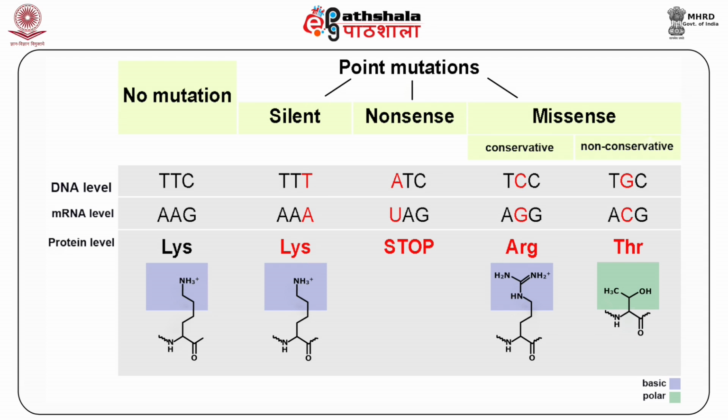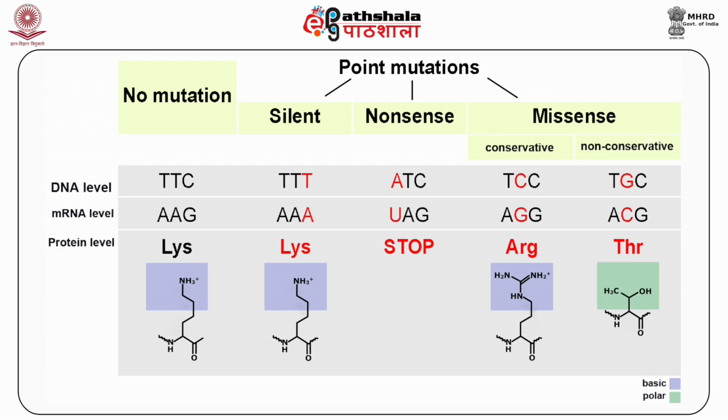Point mutations that occur within the protein coding region of a gene may be classified into three kinds depending upon what the RNA codon codes for.